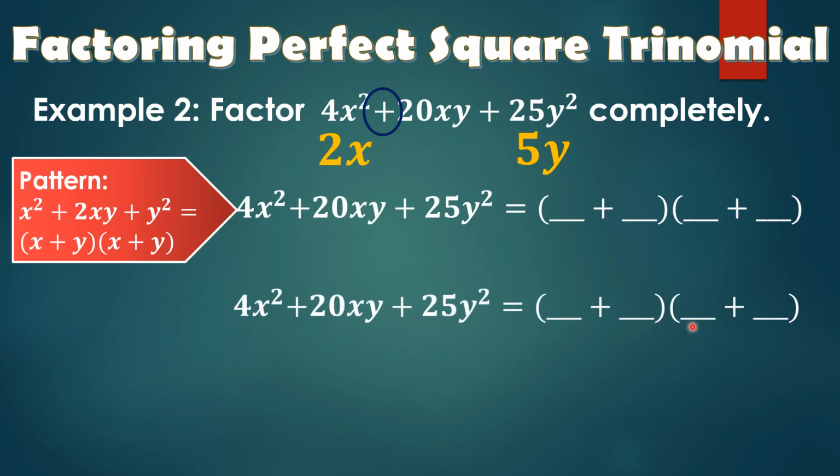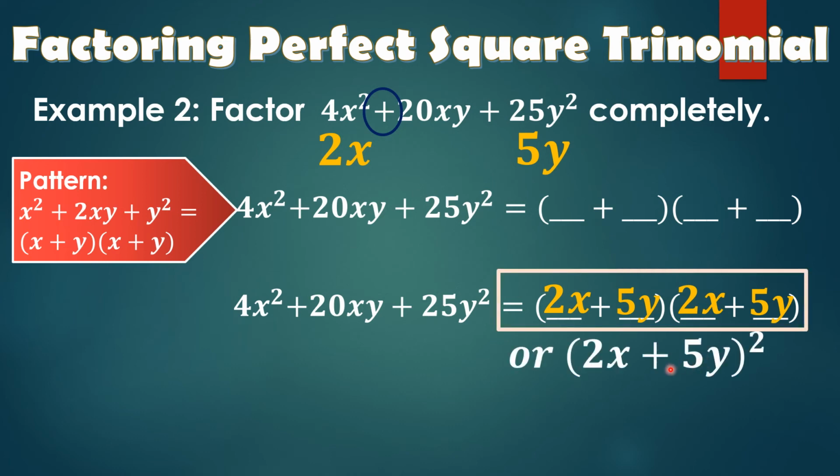So, dito sa factored form na to, kukumpletuhin lang natin siya. So, dito ilalagay natin ang 2x, then 5y. So, we have quantity of 2x plus 5y times the quantity of 2x plus 5y, or, since pareho naman siyang factor, pwede natin siyang i-express as the square of 2x plus 5y.